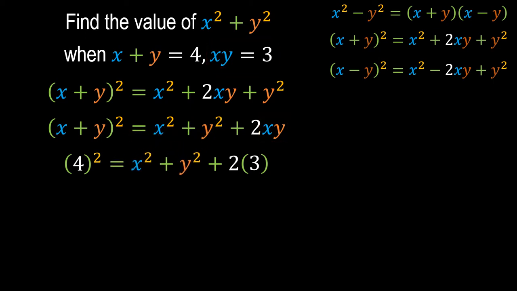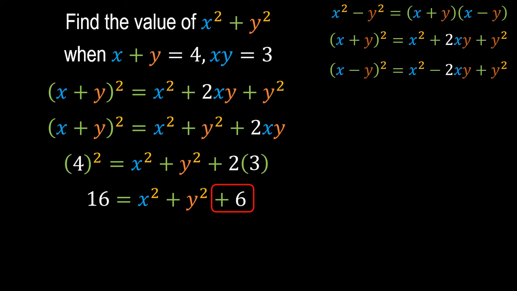Now we need to do some simplification, starting with 4 squared, which equals 4 times 4, simply 16, and 2 times 3 equals 6. Next, since we need to find x squared plus y squared, we have to separate it on one side of the equation, and this 6 is disturbing us.